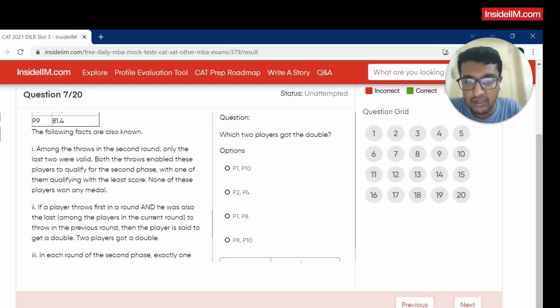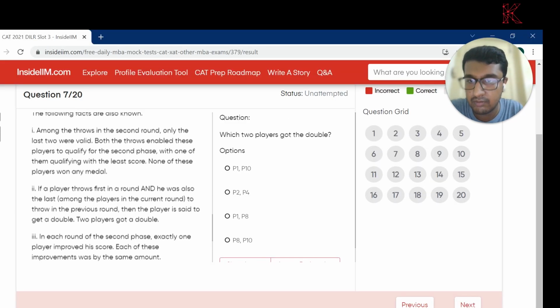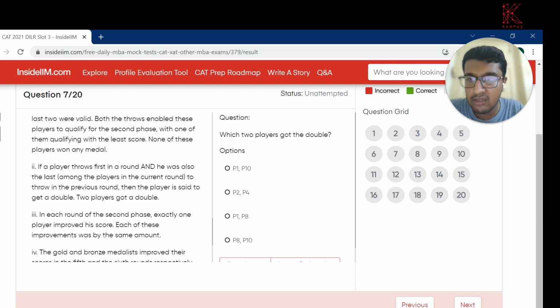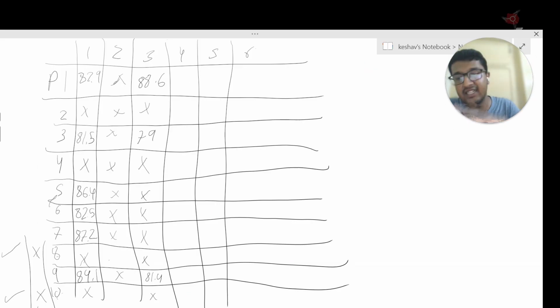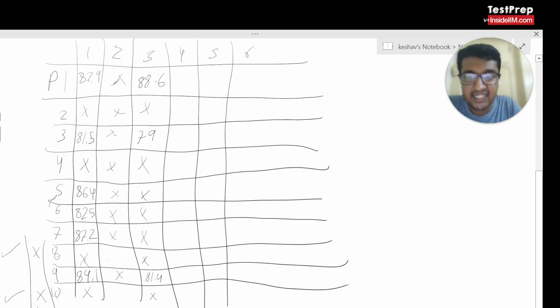Now let's move on to the next information. If a player throws first in a round and he was also the last to throw in the previous round, then the player is said to get a double. Two players got a double. Alright. So what they're saying is that, say in this round the 10th player was the last to throw.